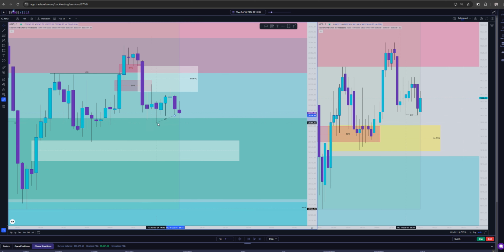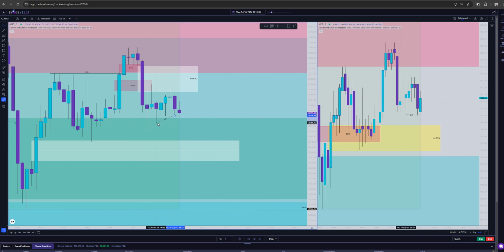SMT divergence, strong and weak. It's nice to have a picture reference to double check. Where's my photo? SMT refers to a situation where two correlated assets within the same time frame exhibit opposite signals. Correlated assets. Here we go. Divergence up, divergence down. Bullish SMT, bearish SMT.